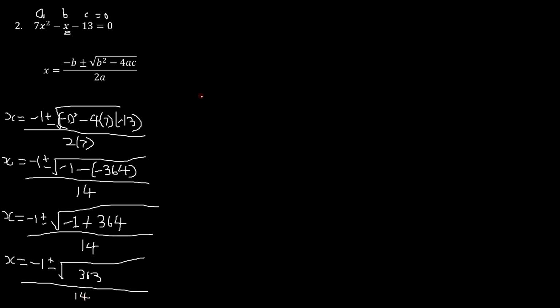So let's come back here. So x is equal to minus 1 plus or minus the square root of 365, and that's 19.10, all over 14.